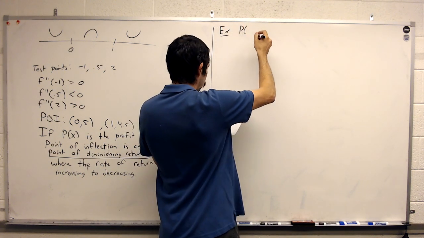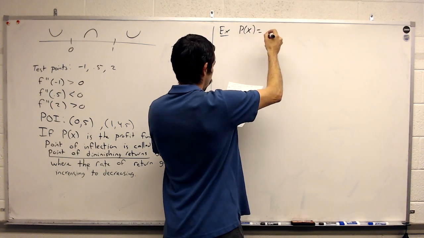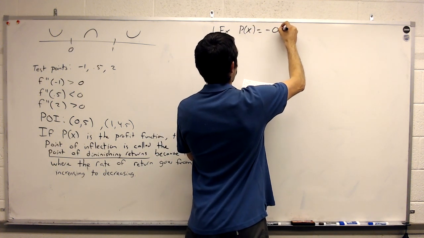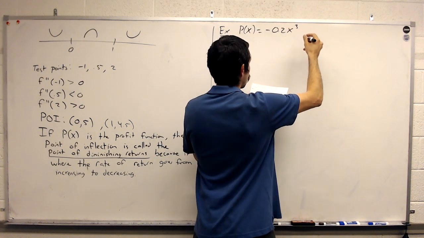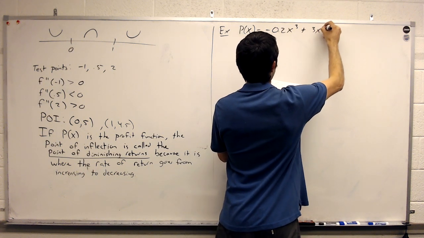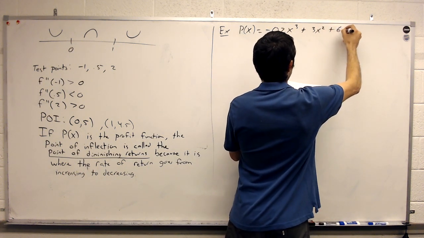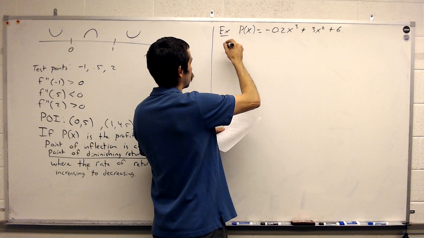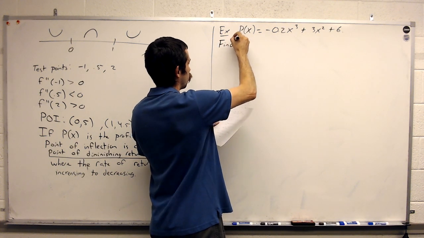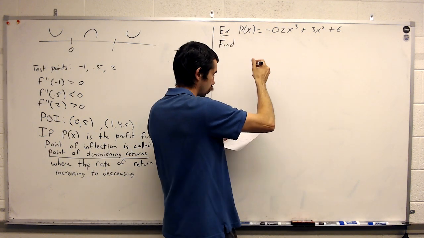So suppose our profit function is negative 0.2 x to the third plus 3x squared plus 6. I want us to find the point of diminishing returns, or diminishing value as it's also called.